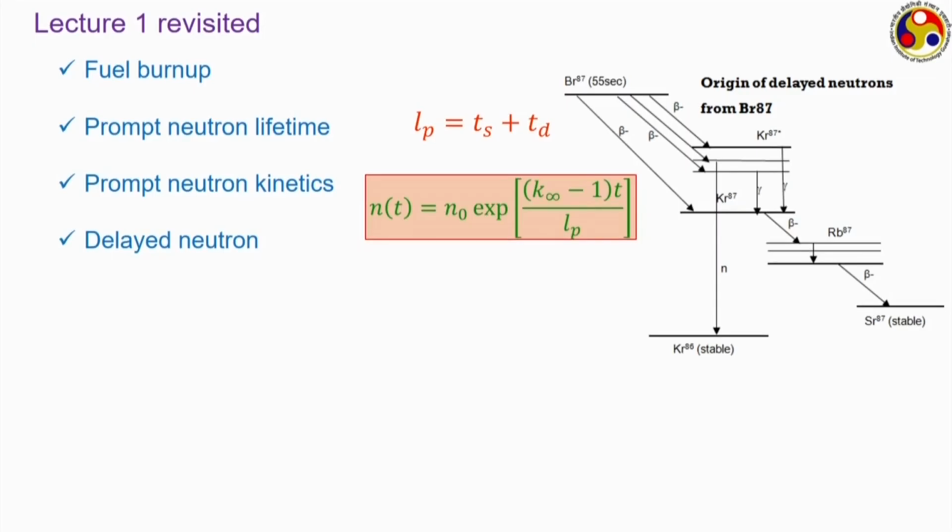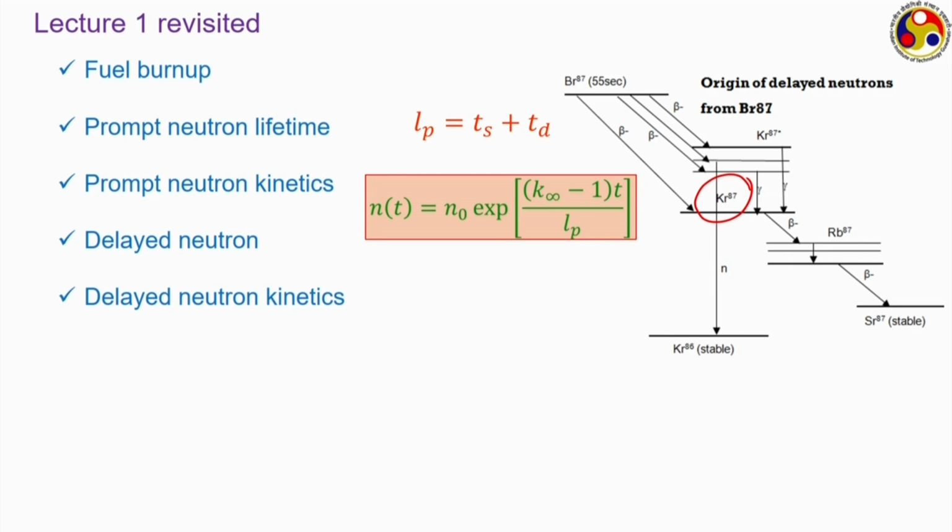That role we have roughly discussed, and we have seen how the delayed neutron is produced, with examples of some delayed neutron precursors, like bromine 87, whose immediate product is krypton 87. While in most cases krypton 87 undergoes a beta decay, in certain situations it can also undergo a neutron decay, but only when this particular isotope has a significant amount of energy, higher than the binding energy of a single neutron.